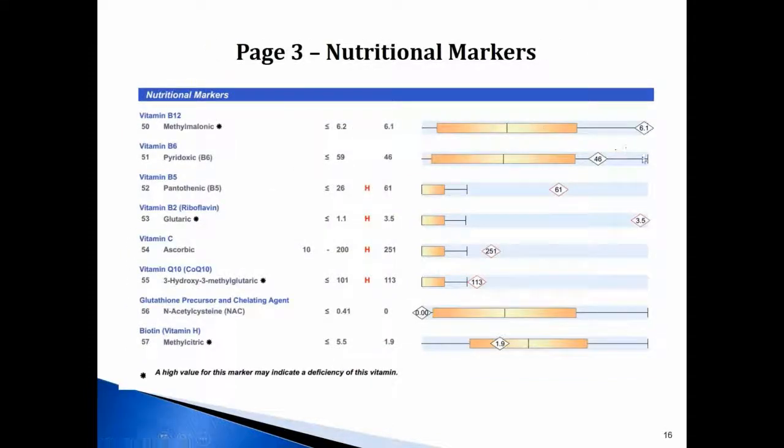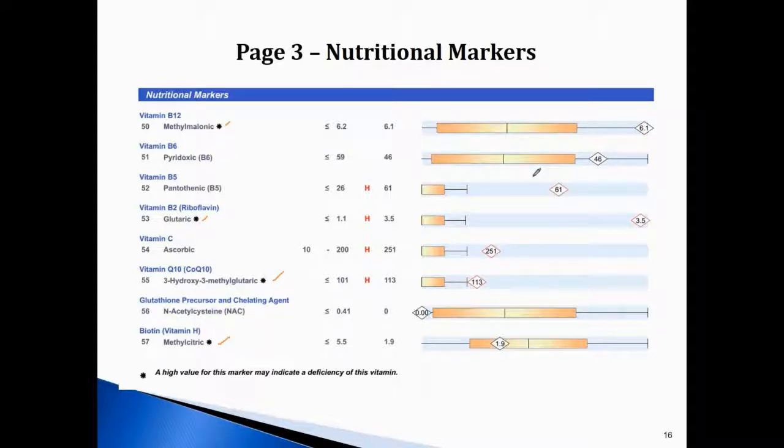Page 3. Now, this is an important area, particularly when looking at things related to deficiencies and toxins. Notice on this section, we've got markers that have an asterisk next to them. These are called indirect markers as an assessment for a potential deficiency of a nutrient.